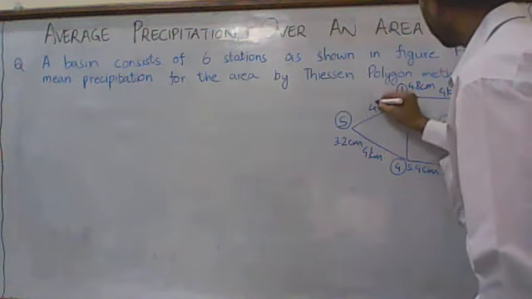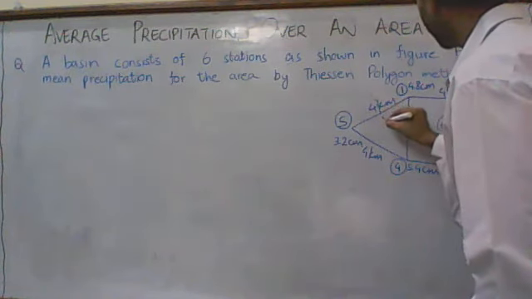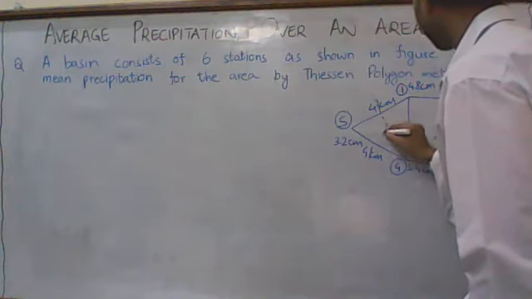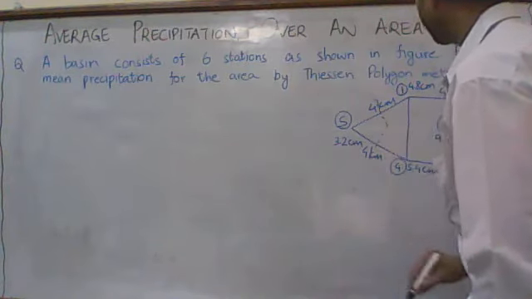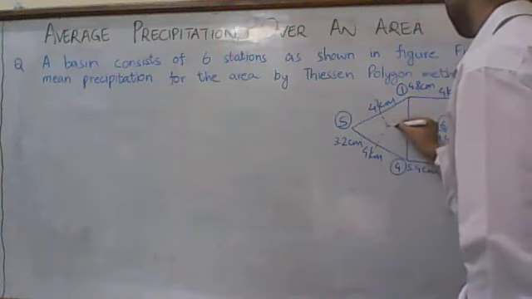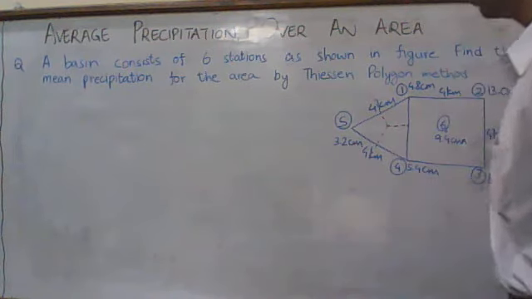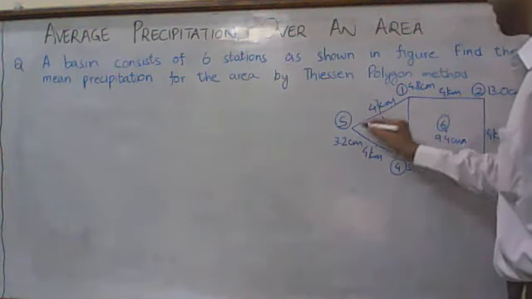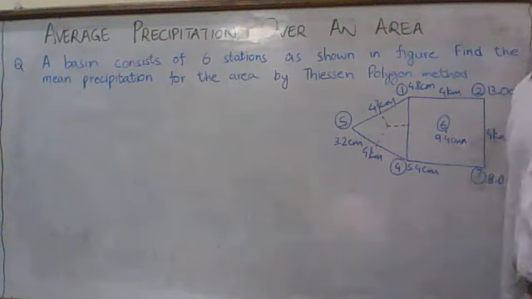So this will be one perpendicular bisector of this side. This will be the other. And this will be the third perpendicular bisector. In this way, we bisected this equilateral triangle.